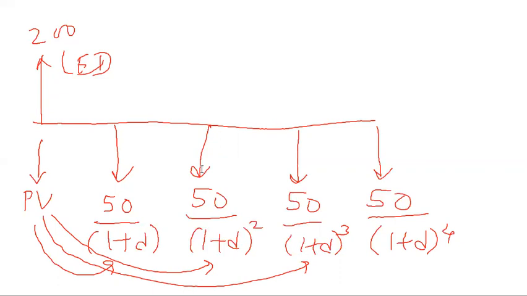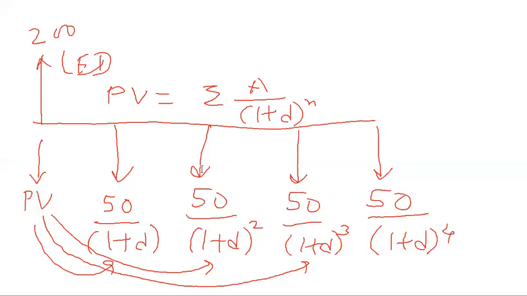It means that you are not actually receiving 100 rupees, 200 rupees. So how much are we receiving? The present value would be the summation of all this, right? So the summation of whatever you are getting, the annual returns upon (1 plus d) raised to n. So this is the present value.